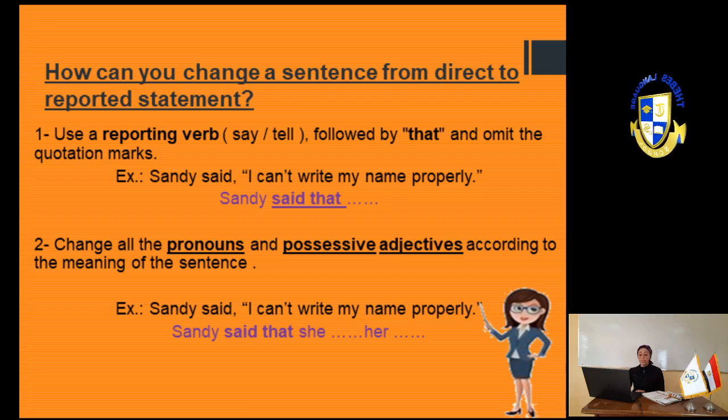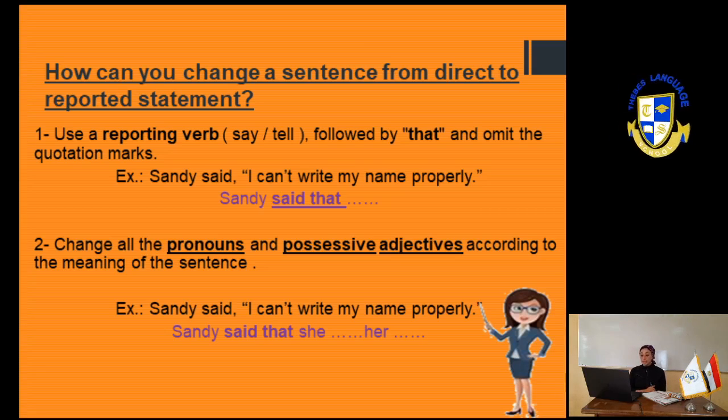Number 2, or the second step. Change all the pronouns and the possessive adjectives according to the meaning of the sentence. For example, if I say, Sandy said that. That what? That he or that she or that we or what? Of course that she. Here I changed the personal pronoun because when she was talking about herself, she said I. But now if we are talking about her, we are going to use she.